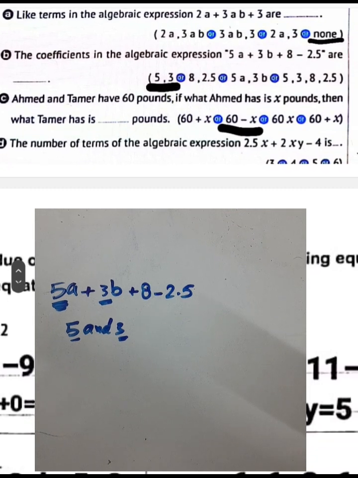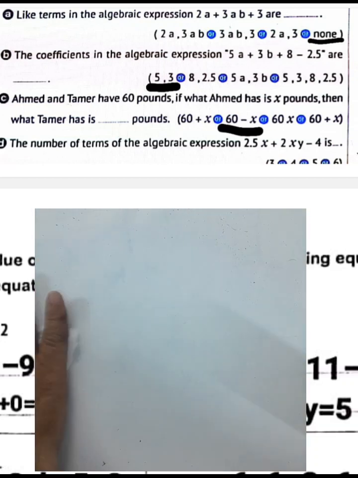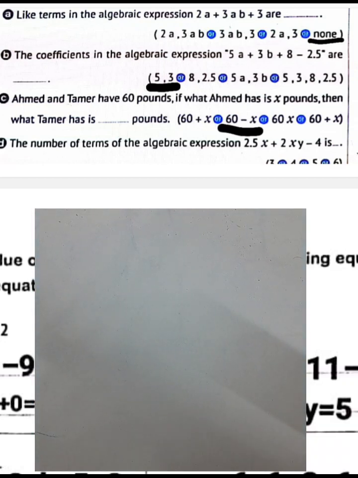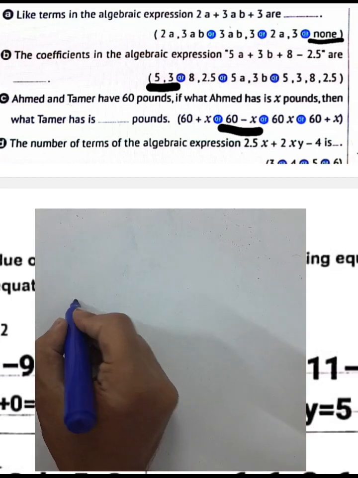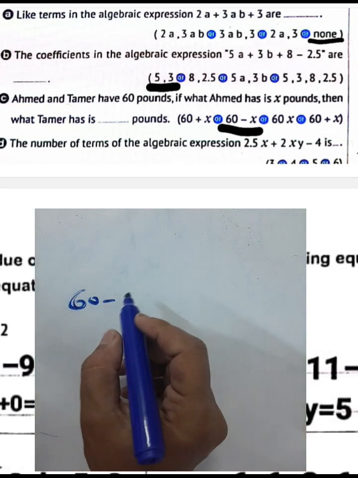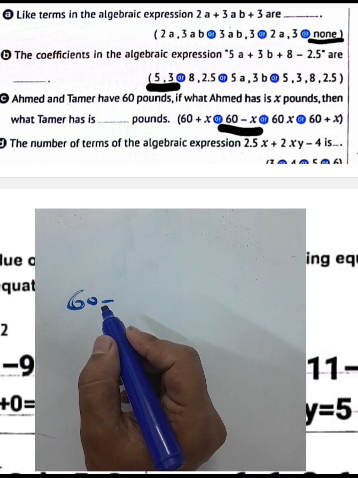Letter C. Ahmed and Tamer have 60 pounds. If what Ahmed has is x pounds, what does Tamer have? The total is 60. Tamer has the difference between the total and what Ahmed has.